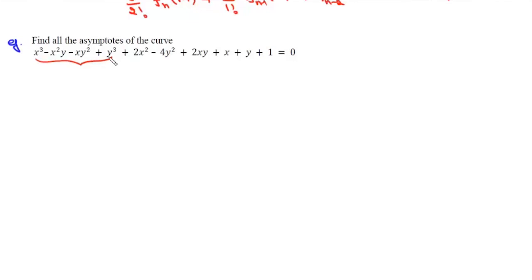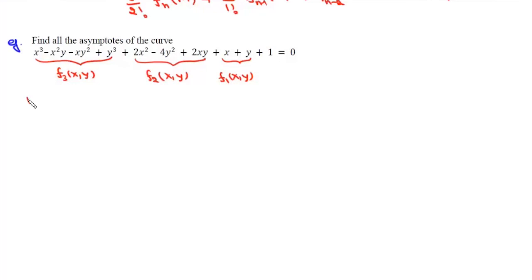All of them are of degree 3. So basically it is f3 of x, y. Now the next 3 terms are terms of degree 2. So this is f2 of x, y, and this x plus y is the degree 1 terms, and this is our constant.